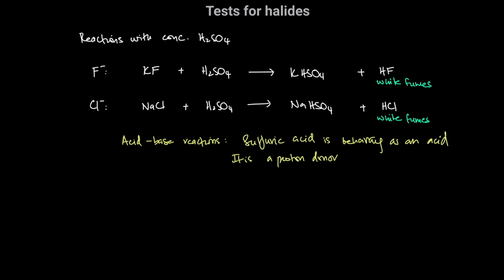And we can clearly see that sulfuric acid, despite being an oxidizing agent, doesn't oxidize fluoride or chloride. That's because fluoride and chloride are relatively weak reducing agents, because down the group, the reducing strength increases. So instead of behaving as an oxidizing agent, it only behaves as an acid. And the halides simply behave as bases, but they don't behave as reducing agents in this reaction.